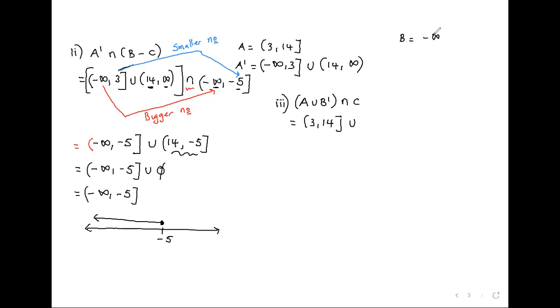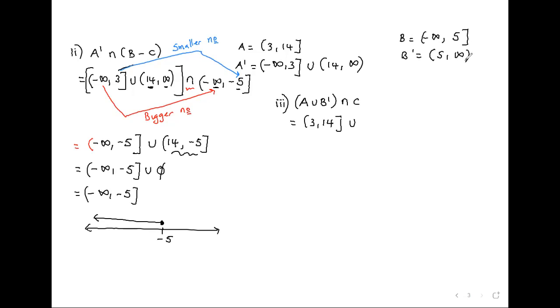B is from negative infinity to negative 5. So B complement is then from negative 5, not included, up to positive infinity. B up to positive 5, I mean. So comma positive 5. And then the complement is from 5 to positive infinity, like this.